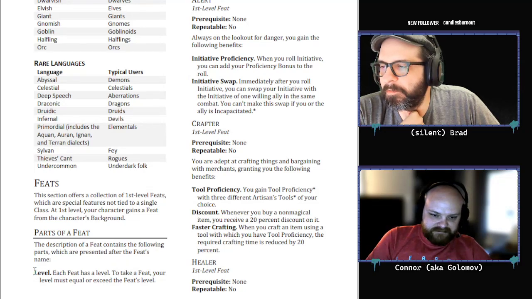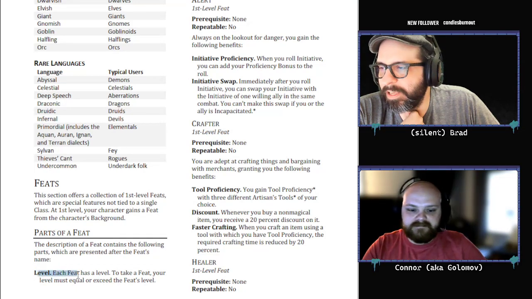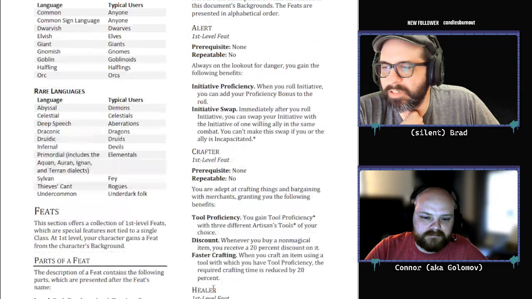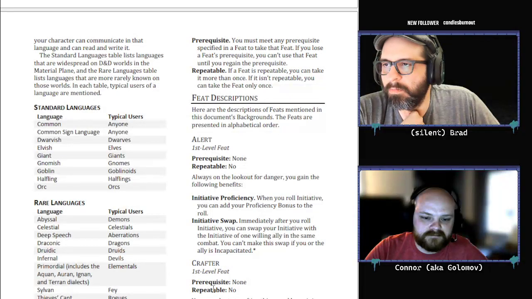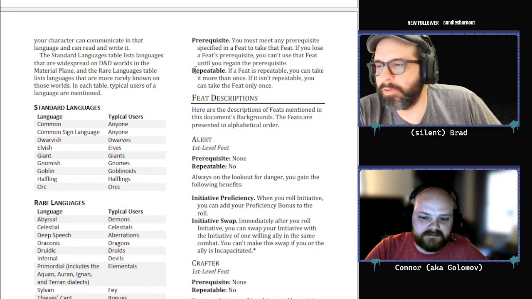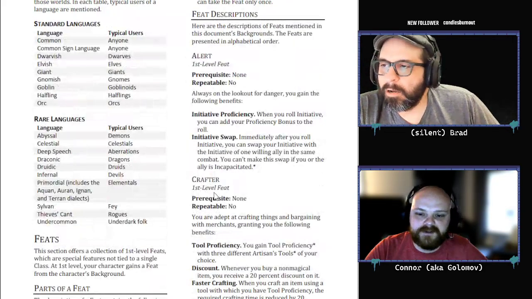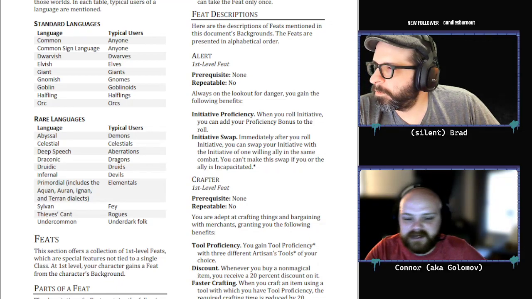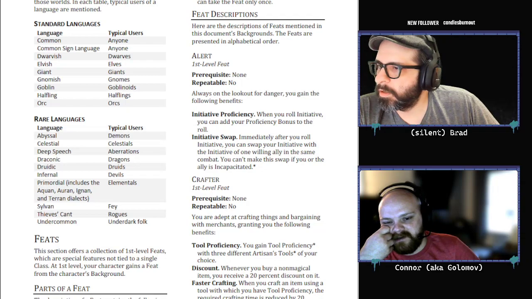So parts of a feat, they've all got levels, which we kind of discussed earlier. Some of them have prerequisites, and some are repeatable, others aren't. So alert, which changed. Let me go up. How many more feats are we getting?